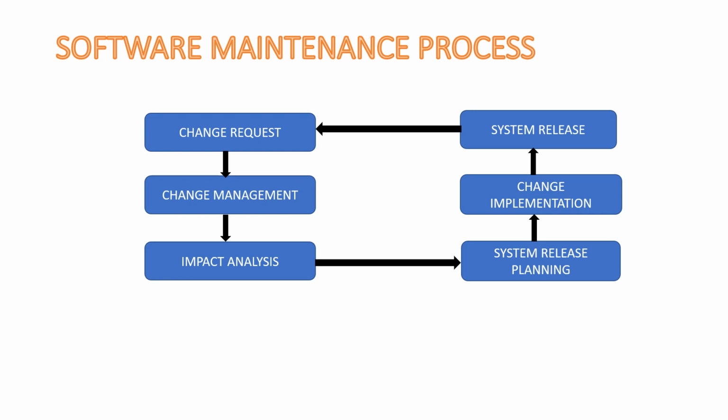Implementation means we change the code section of the software to implement those changes. After completion of the implementation, we release the system. After the system release, if the user is satisfied, he will take the software. But if he wants some other changes in the software, again he will put in a change request.